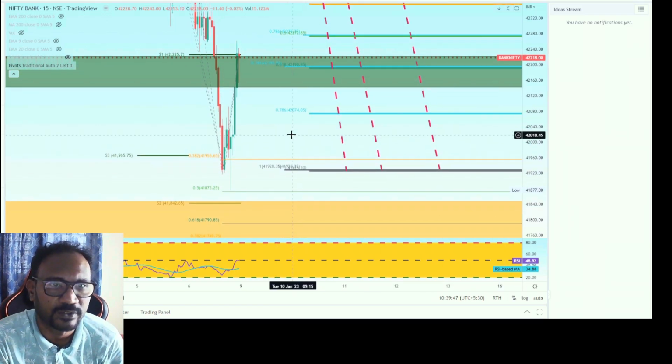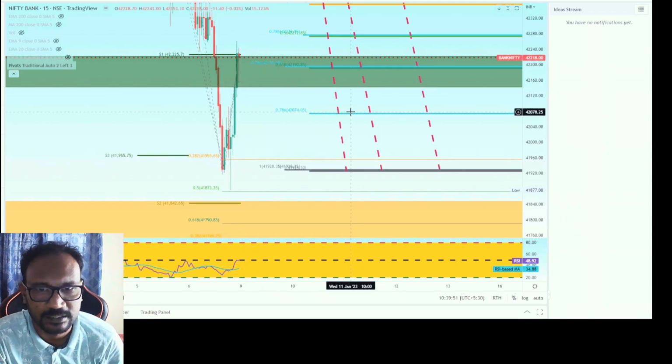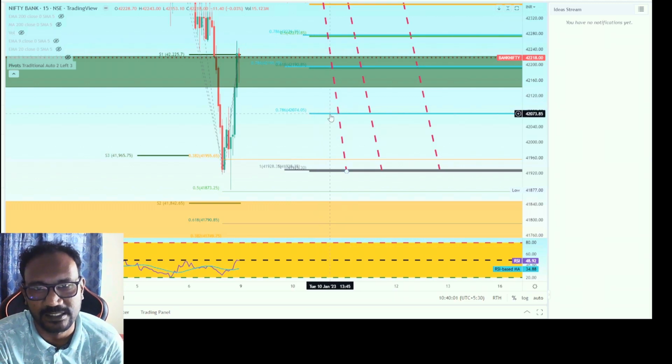So how am I going to draw now? At 200, if I have to go by what it says, probably 786 I should go. That is 42,074. Still, that is long away, right? From that it is about 150 points. I want to find the intermediate ranges. Here there are certain things happening at 195, but that is only about 20 points.